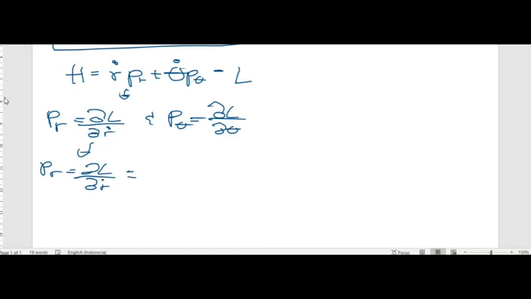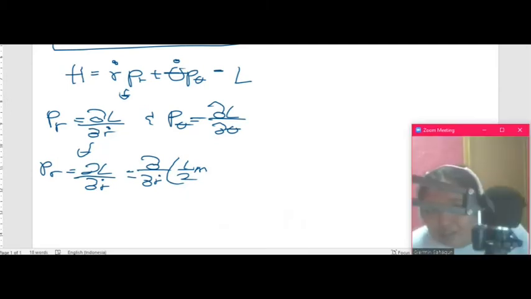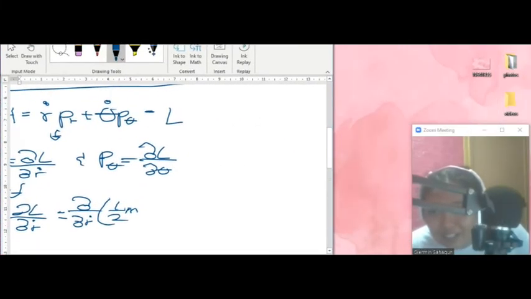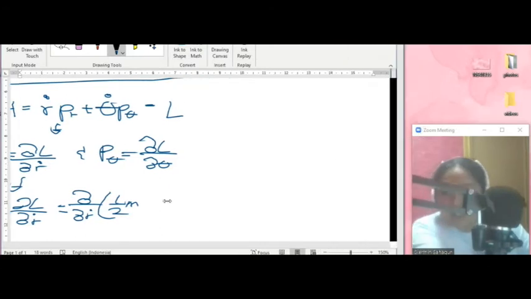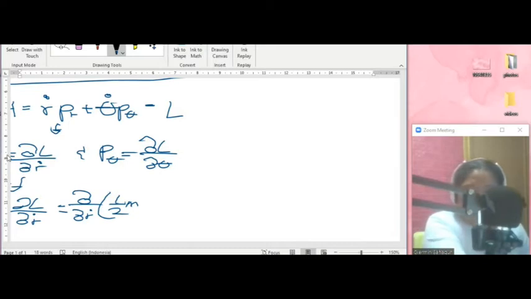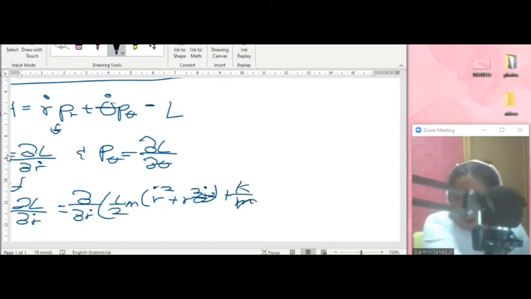So partial derivative with respect to r dot of 1/2 m (r dot squared plus r squared theta dot squared) plus k over r. Okay, now let's get the partial derivative.